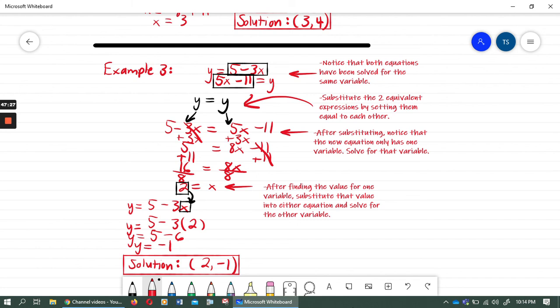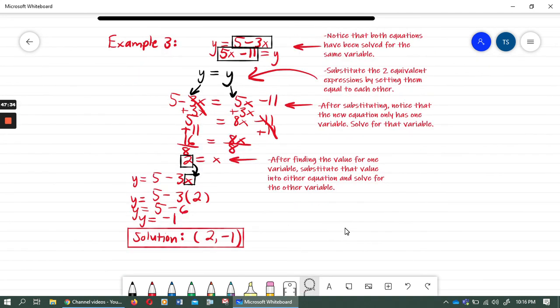Next, we're going to look at our other method for solving linear systems of equations.